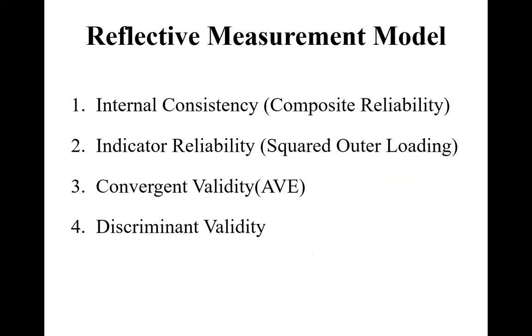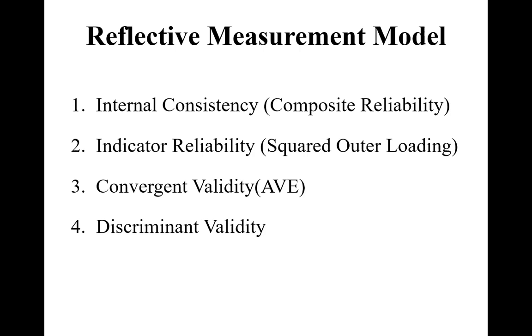रिफ्लेक्टिव में first is the internal consistency. We check the internal consistency of our model, composite reliability. Second, we check the squared outer loading, meaning indicator reliability. When we square the factor loading, we will get the indicator reliability. And then convergent validity. How will we find the convergent validity?